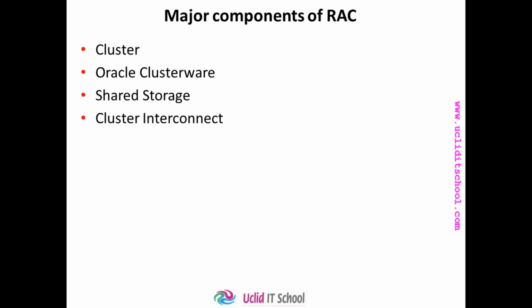Though you have physically different servers in the cluster, these servers communicate among themselves through a private network. That is often called the cluster interconnect, a private network used by each node to communicate with the other nodes. In RAC, there is a lot of communication and data transmission from one server to another.